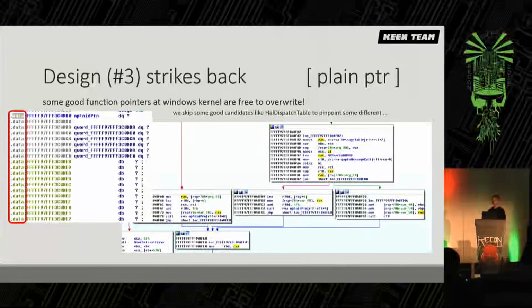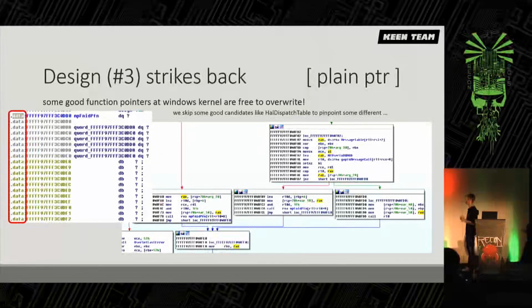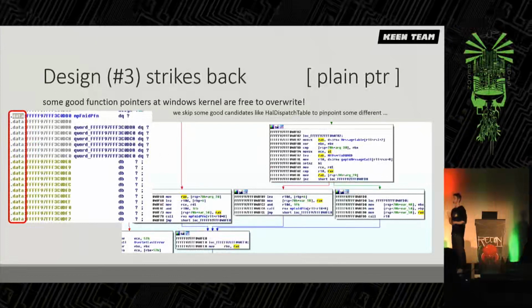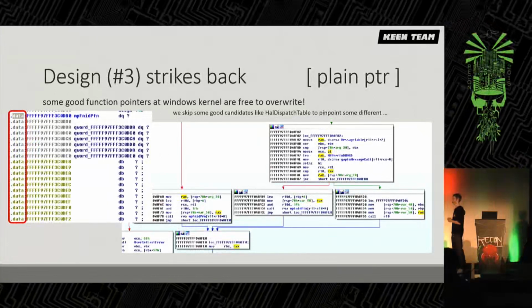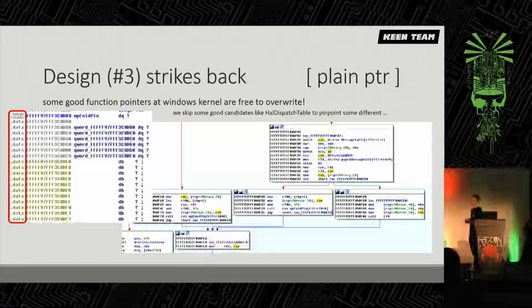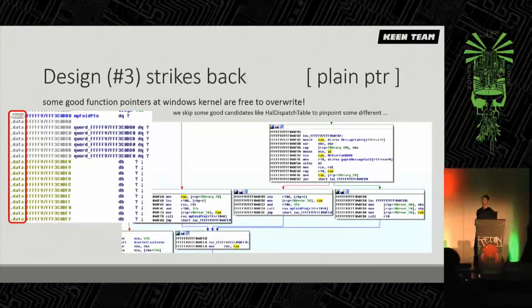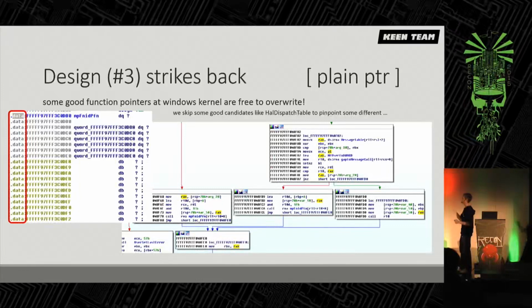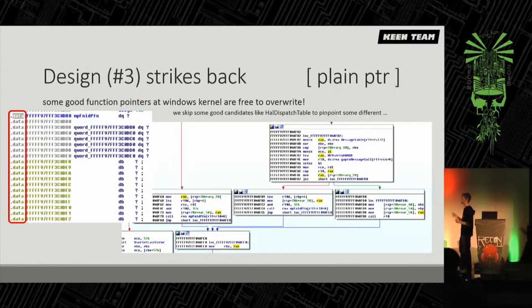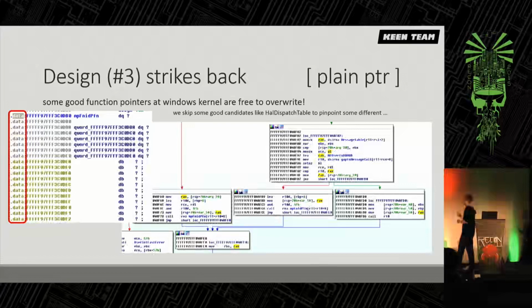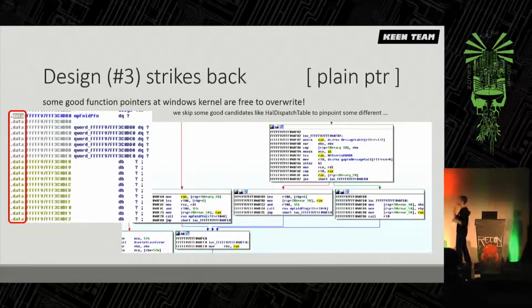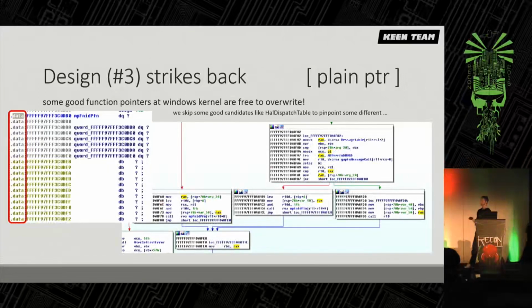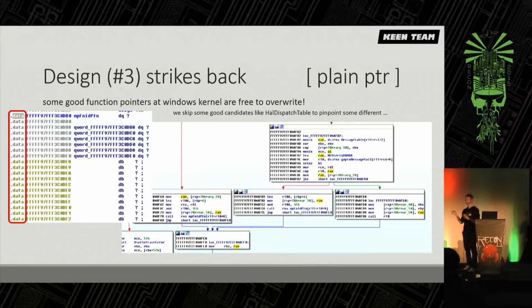And to get SYSTEM kernel mode execution, you need somehow to jump into the kernel to your own code. One of the good candidates is the HAL dispatch table, but I want to look at something different. So for example, you have here some function, NtUserMessageCall. I chose it because in this function there is a virtual call.